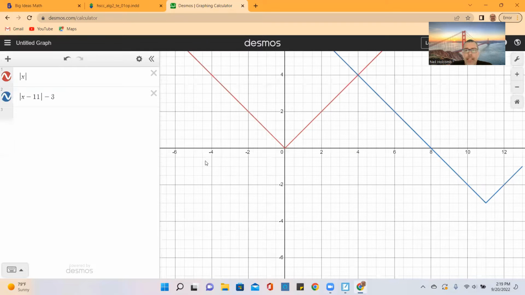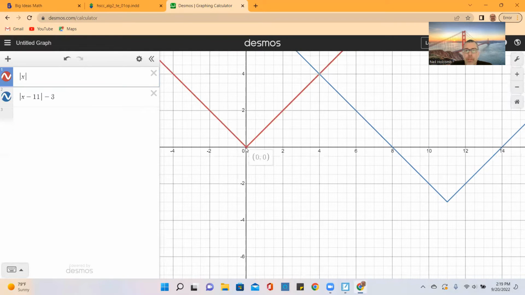So then when we look at that, sure enough, we went from 0, 0 to 11, negative 3. Right 11, down 3. Okay? Opposite inside, same outside. Opposite of minus is plus to the right, down on the outside.